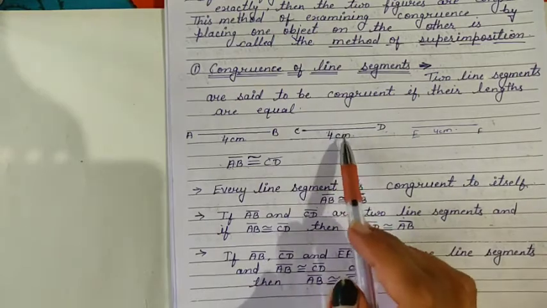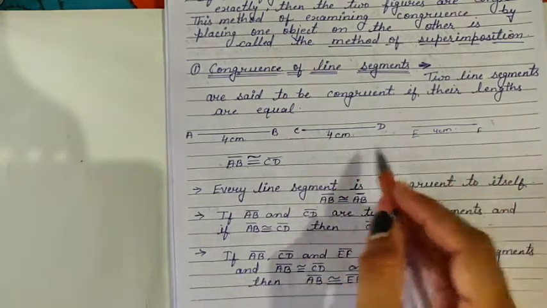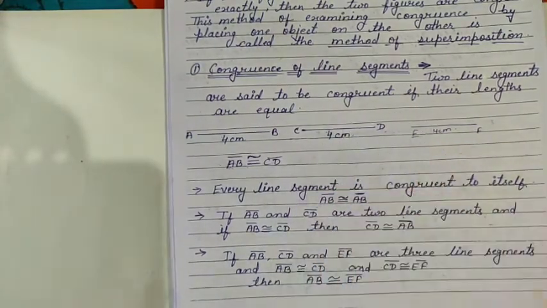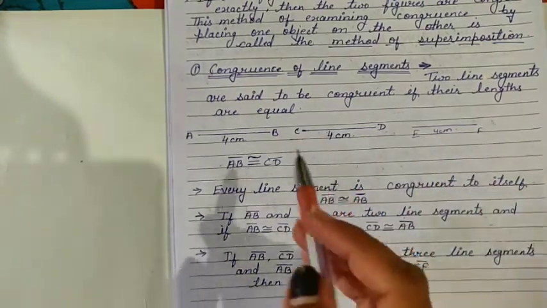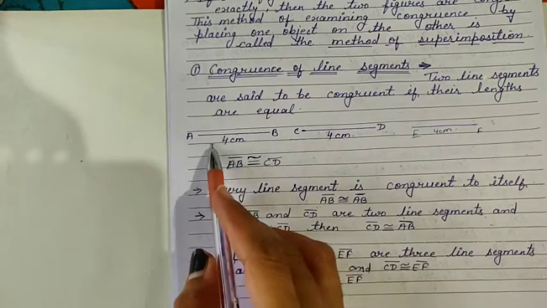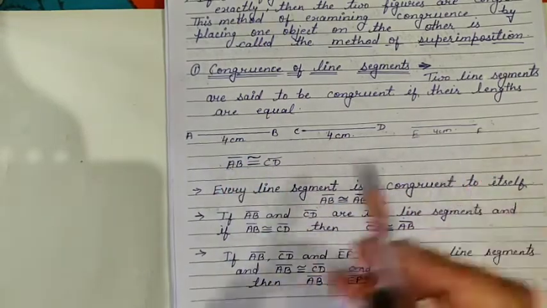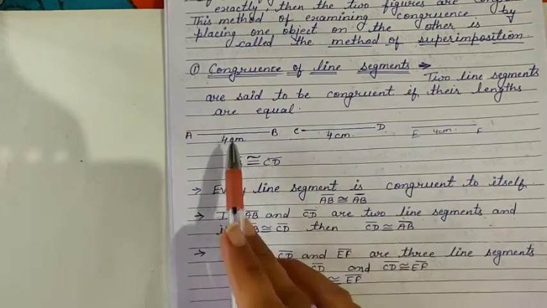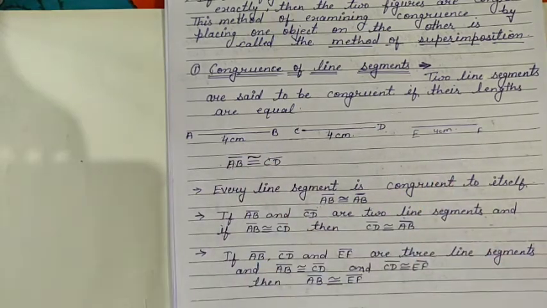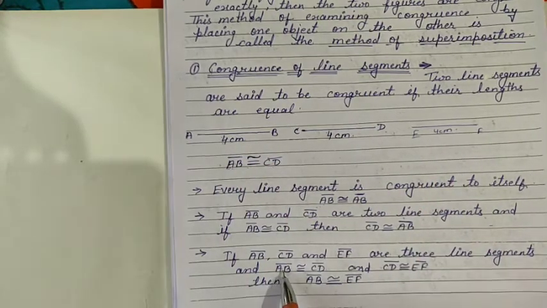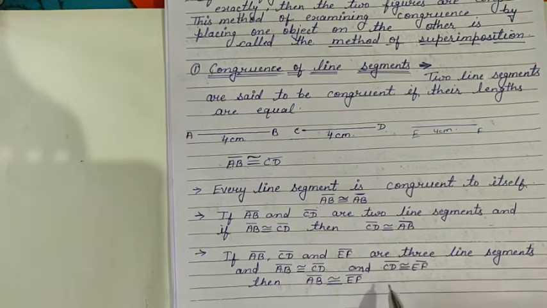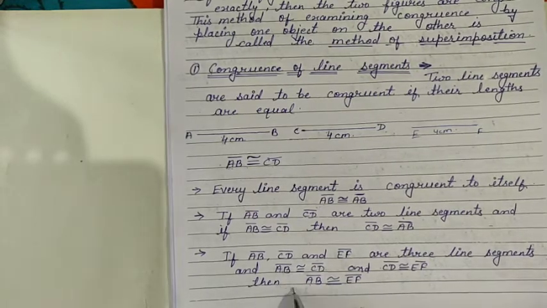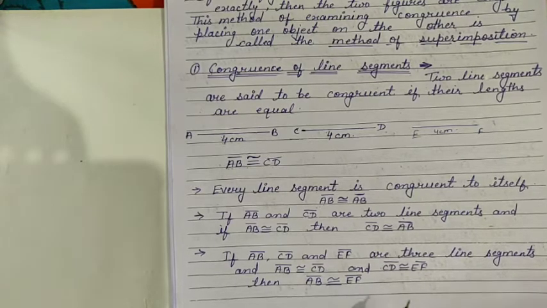CD is congruent to EF, so length of CD equals length of EF. So length of EF is also 4 cm. Then length of AB is 4 cm and length of EF is 4 cm, so AB is congruent to EF. That means if AB is congruent to CD and CD is congruent to EF, then AB is also congruent to EF.